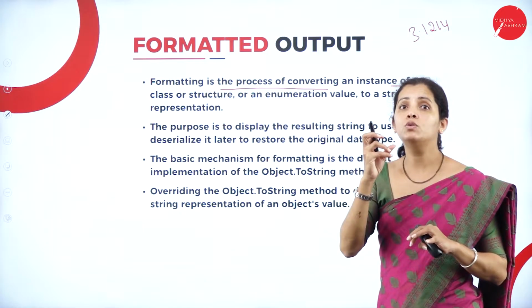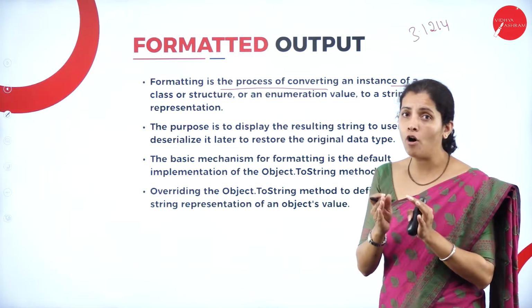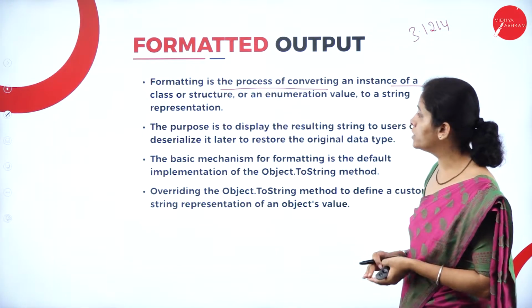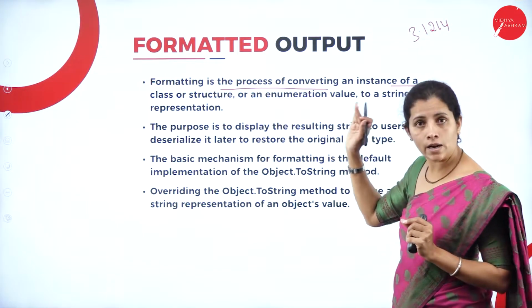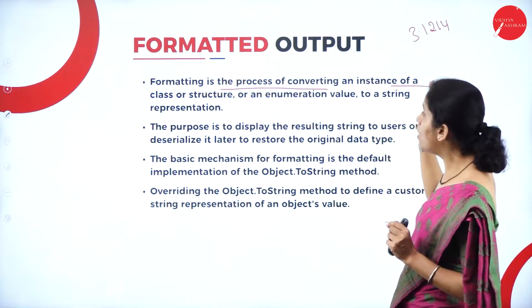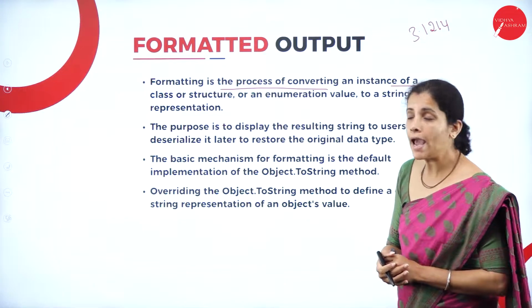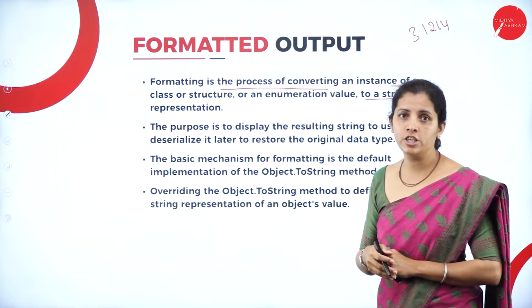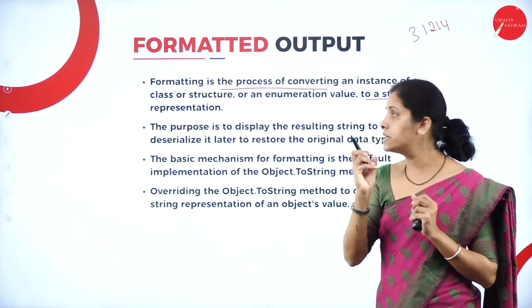Now, I want to arrange this value in some proper form. For that, I'm going to have the formatted output. So, what is formatting here? It is the process of converting an instance of a class or structure, or an enumeration value, to a string representation. So, I'm going to convert the output in the form of strings.